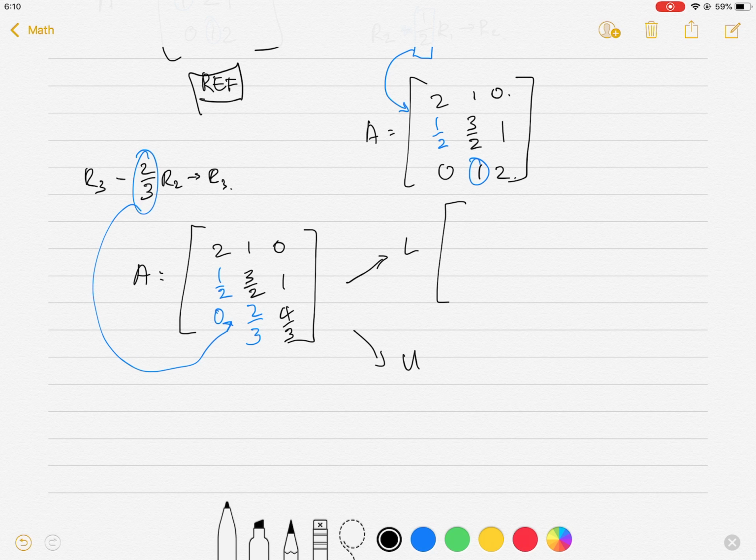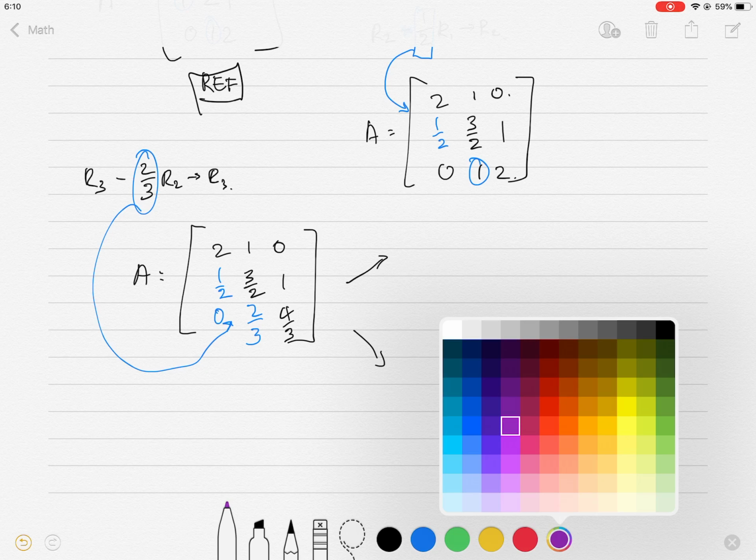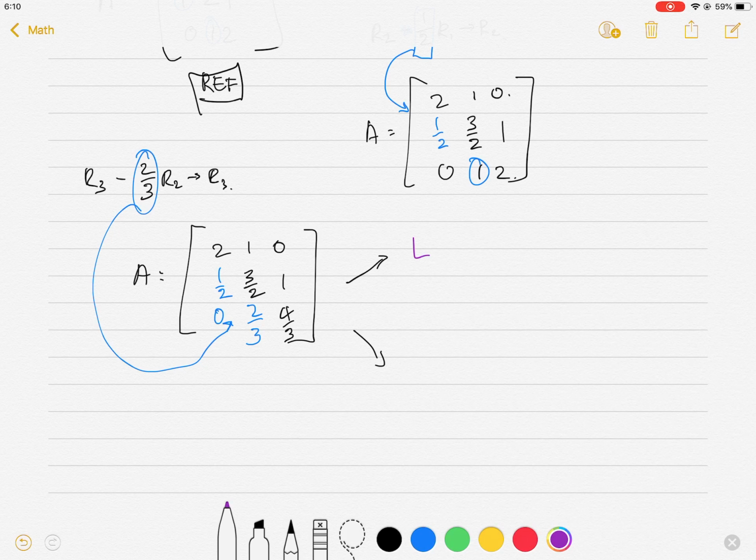So what is L? Let me actually do these in different colors. Let's do purple. L: anything under the diagonal would be the lower triangle.